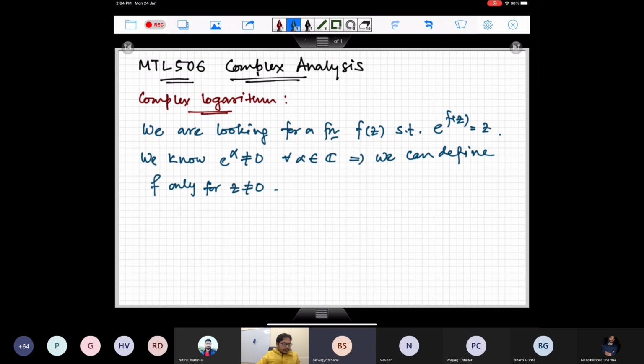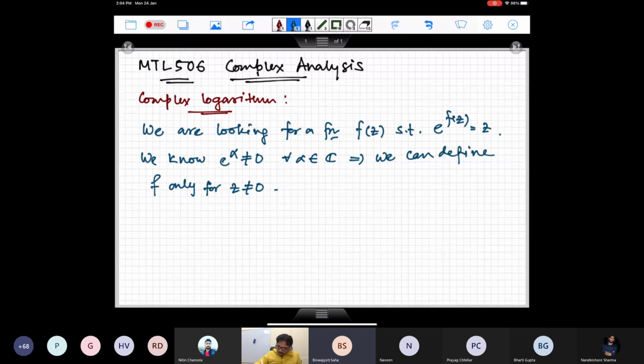We can't have a logarithm which is defined at the point z equal to 0. Therefore we only take non-zero complex numbers.